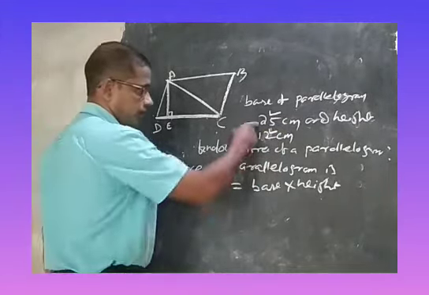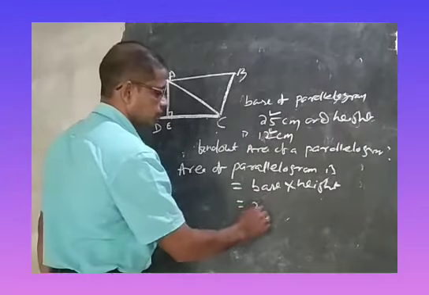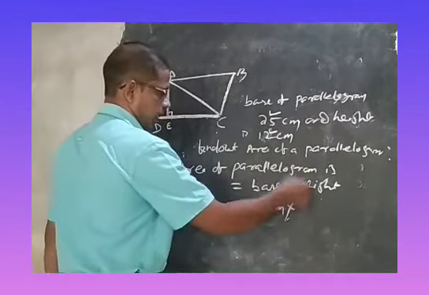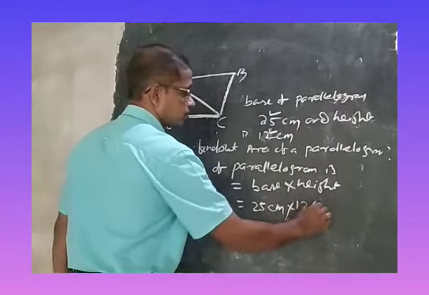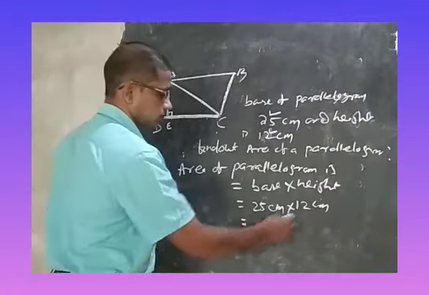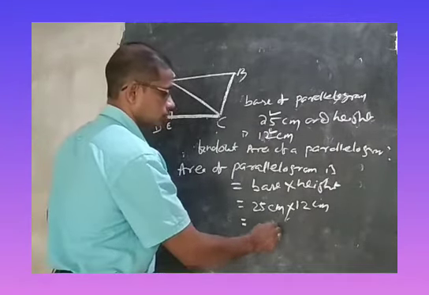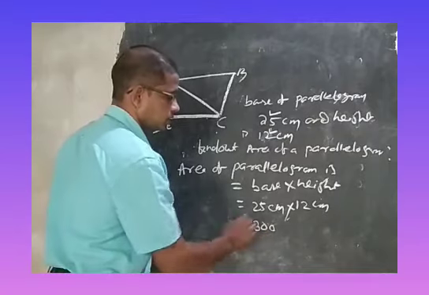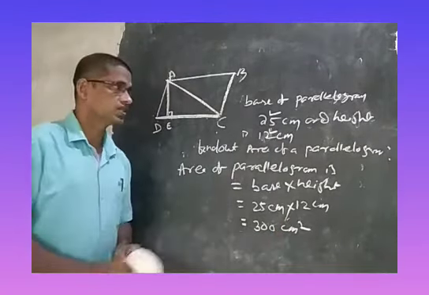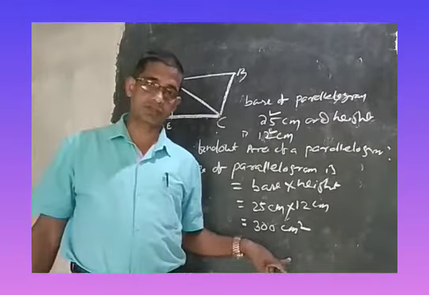Then putting the values, base equal to 25 centimeters into height 12 centimeters, we get 300 square centimeters.